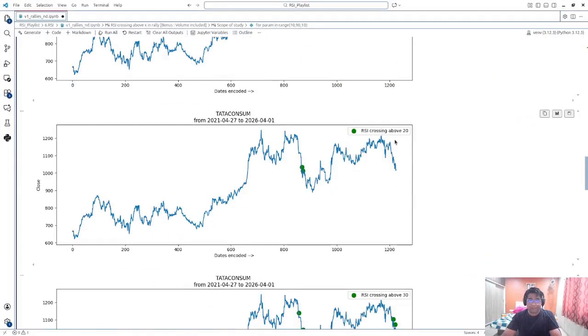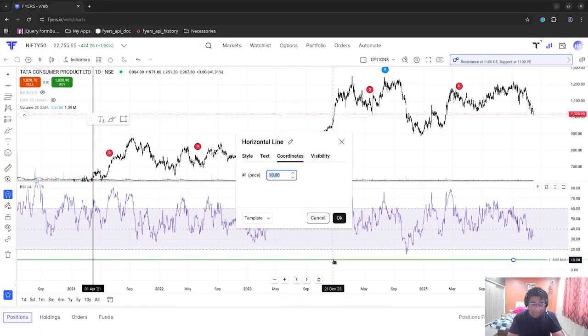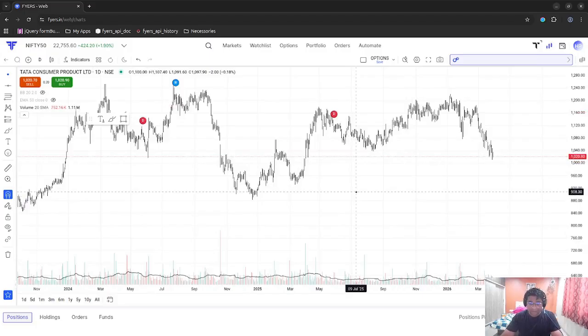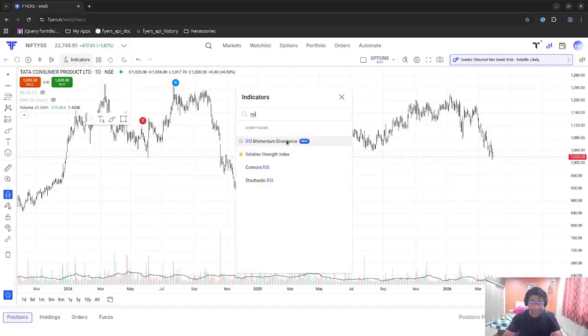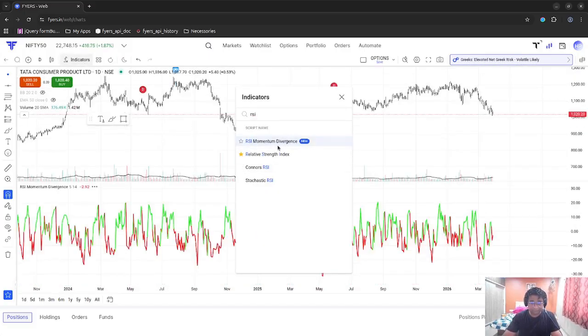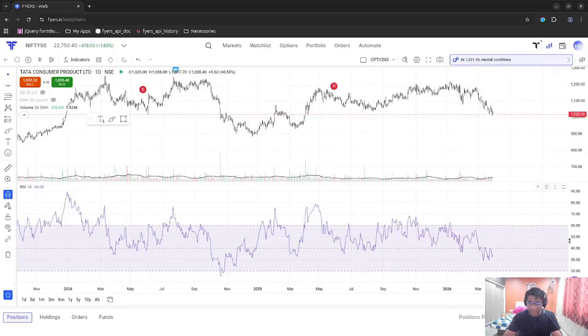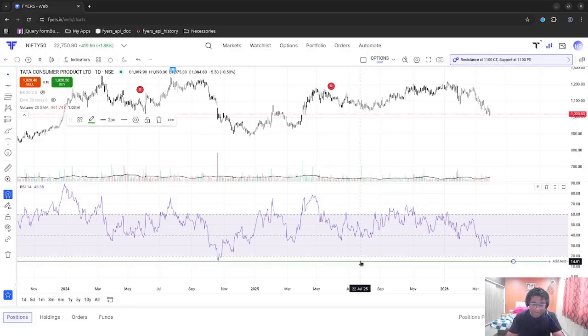Now RSI crossing above 20. We have got two readings. Let's check. Okay, so 20. Where is the RSI? We will mark a horizontal line at RSI 20.